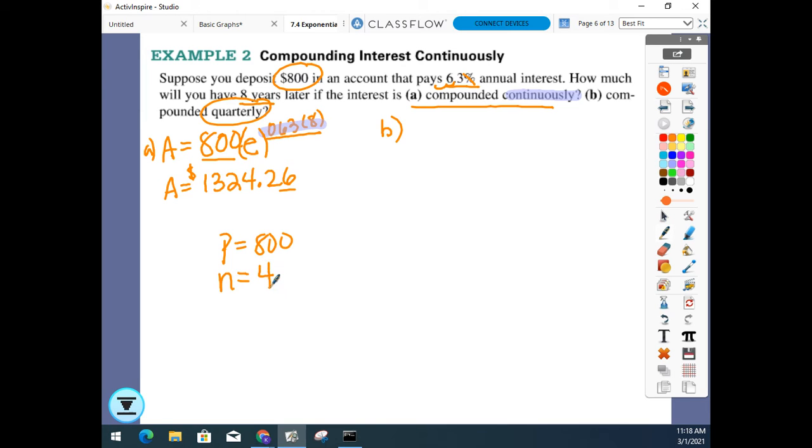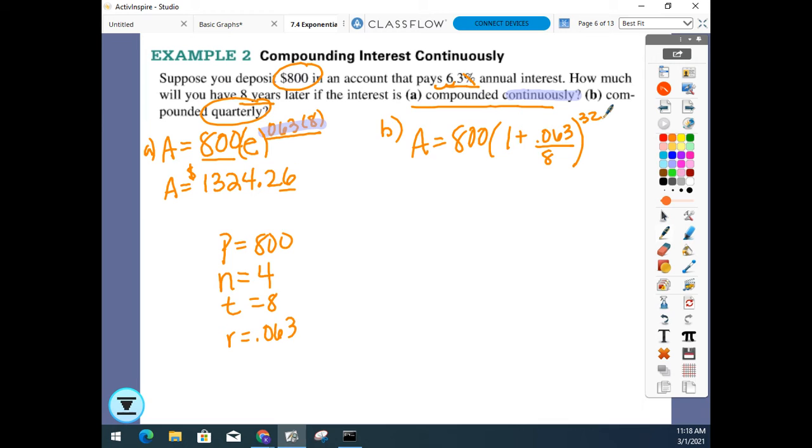Quarterly means 4 times a year. t is 8. And r is the 0.063. So we just plug this into that complicated, ugly, yucky formula. And this is just the nt, which is 32.